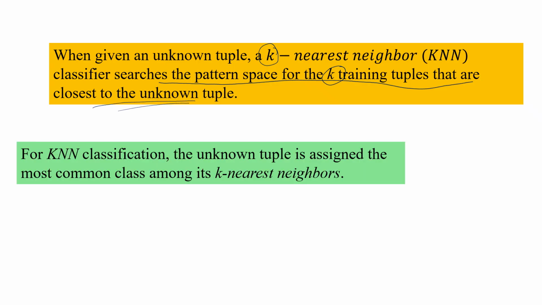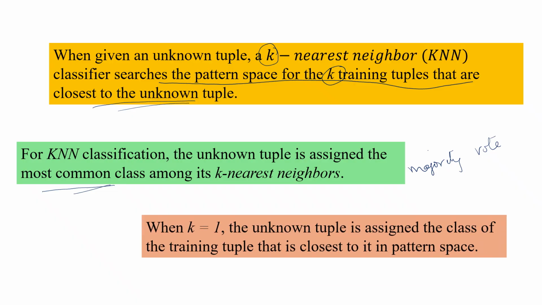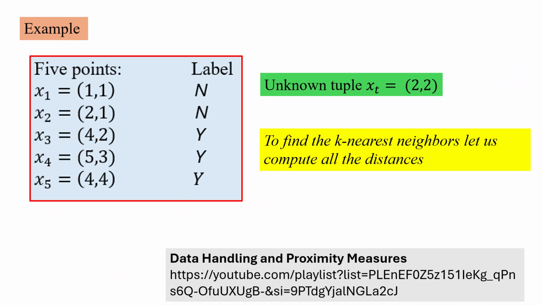Here k is a natural number. And for this classification, the unknown tuple is assigned the most common class, that means by majority vote. In the case where k equals 1, the unknown tuple is assigned the class of the training tuple. Because k is 1, only one similar tuple is found, so the same class is assigned.